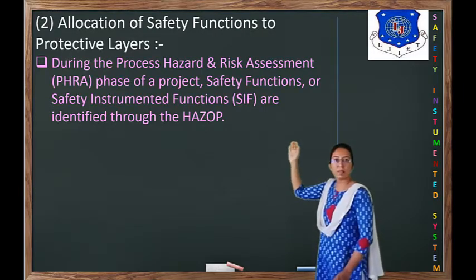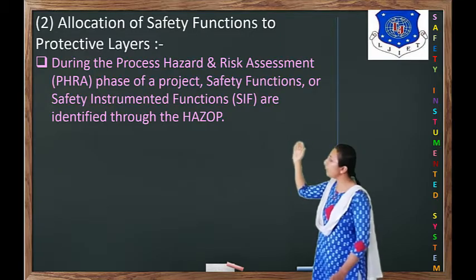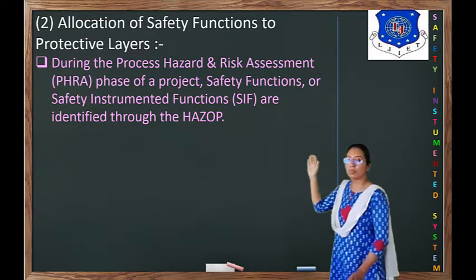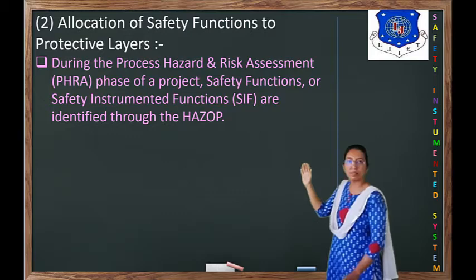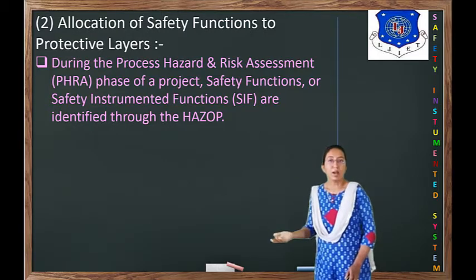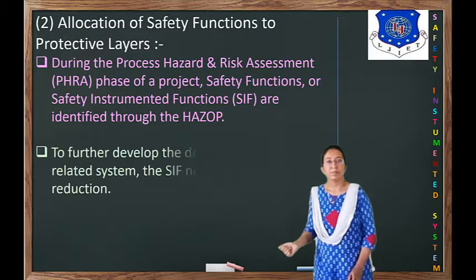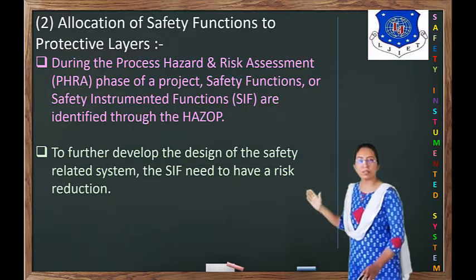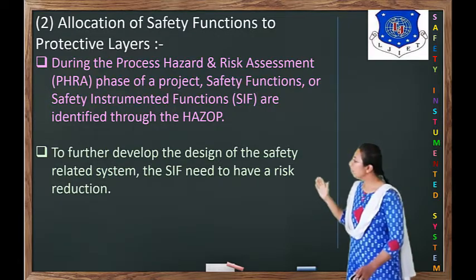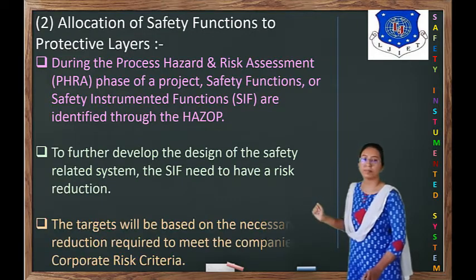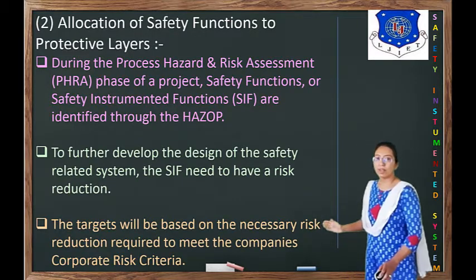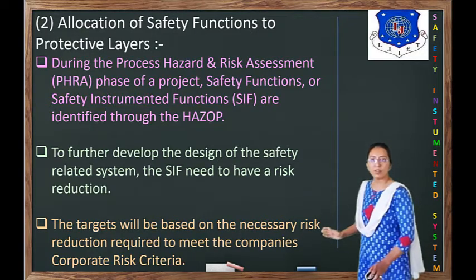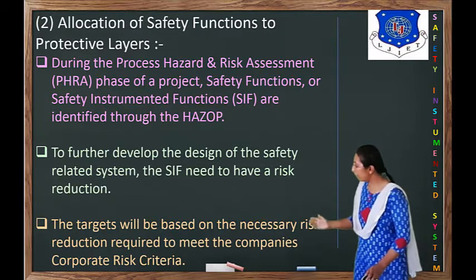During the process hazard and risk assessment, PHRA, phase of a project, safety instrumented functions are identified through hazard operability. To further develop the design of the safety related system, the SIF needs a risk reduction target. The targets will be based on the necessary risk reduction required to meet the company's corporate risk criteria.